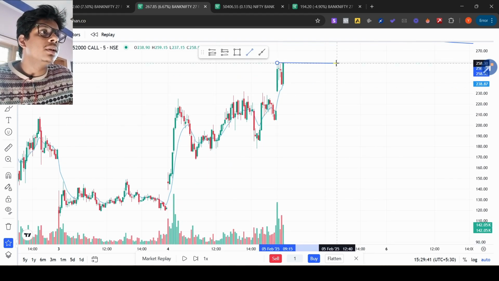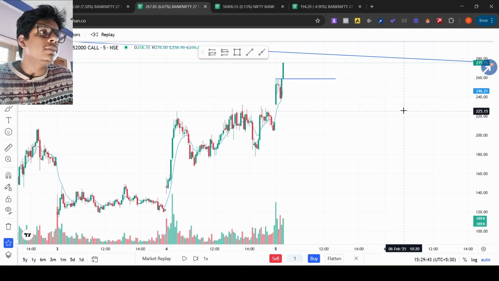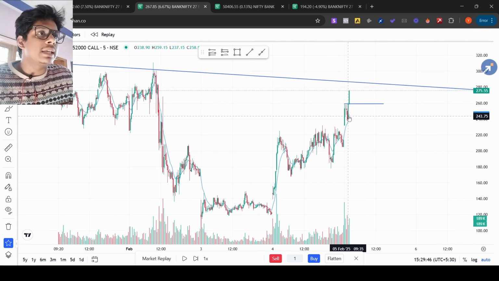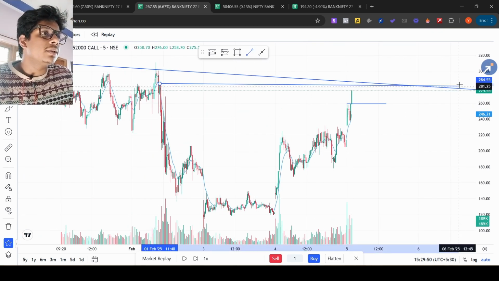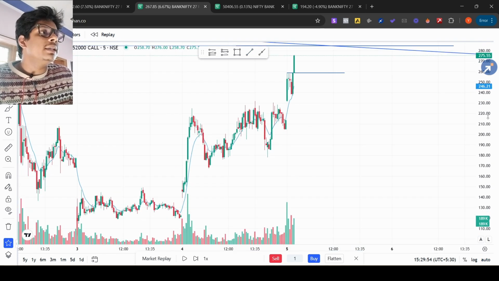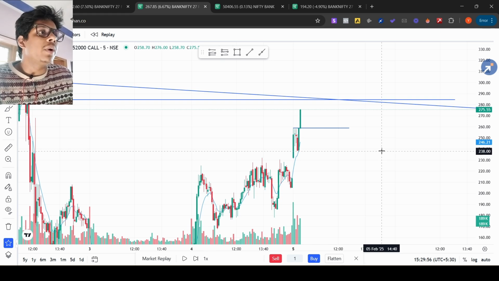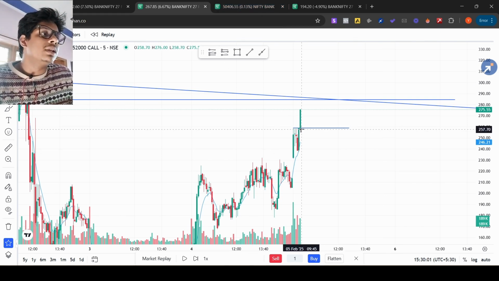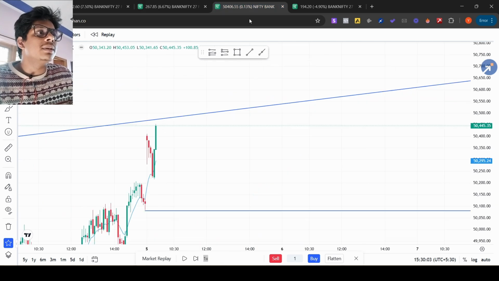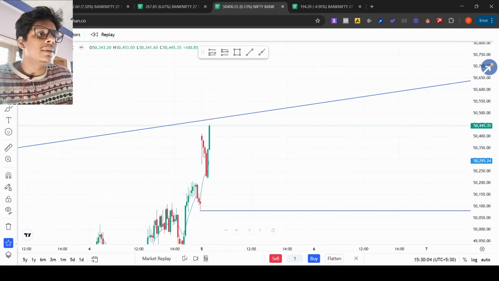There we go. Nope, we won't take this one despite the opportunity. Okay, this can be a great trade. Our very next POI zone is right over here, but there isn't any scope, so I'm going to avoid it. Maybe it can give us a great opportunity, but I don't think this might work.